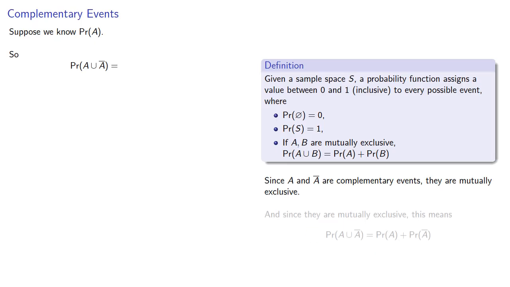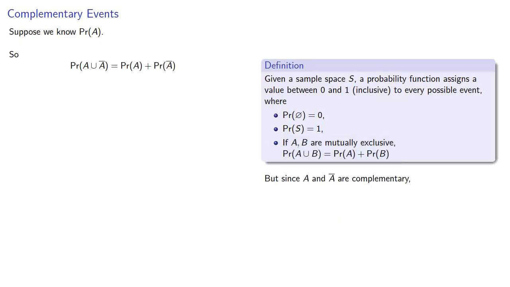And since they're mutually exclusive, the probability of their union is the sum of the probabilities of the individual events. But since A and A complement are complementary events, their union is the entire sample space, so the probability of their union is the probability of their sample space, which by definition is 1.